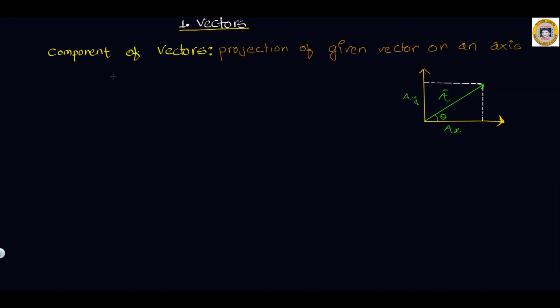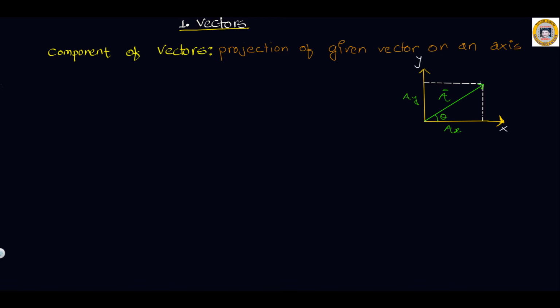Now let us talk about the components of vectors. Let us say we have the vector A, which is at theta degree with the positive x-axis. This is our x-axis and this is our y-axis, and the vector A makes theta degree with the positive x-axis.